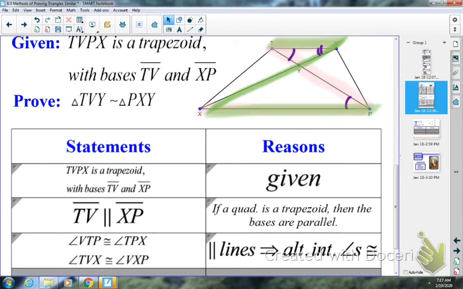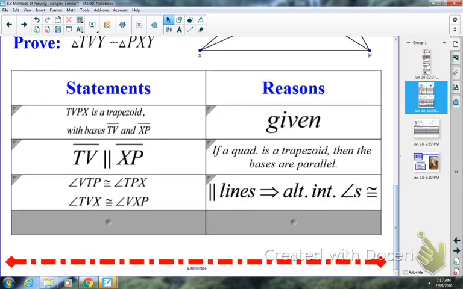So TVX is congruent to VXP. Again, those are alternate interior angles, and they are congruent when you have parallel lines. So right there, I've got two pairs of congruent angles. So that is enough to prove the top triangle, TVY, is similar to the bottom triangle, PXY, and my reason is going to be, again, angle-angle similarity.